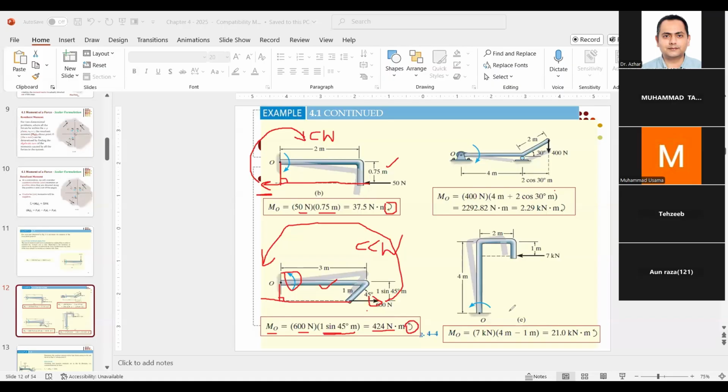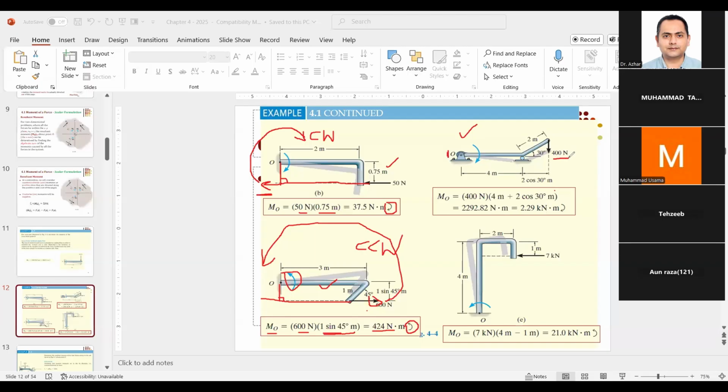Okay, let me explain the other ones as well. So you see that you have to do some working before you can actually find out your answer. Okay, let's do the other one. Now here again, you see there is a point O and there is a force 400.